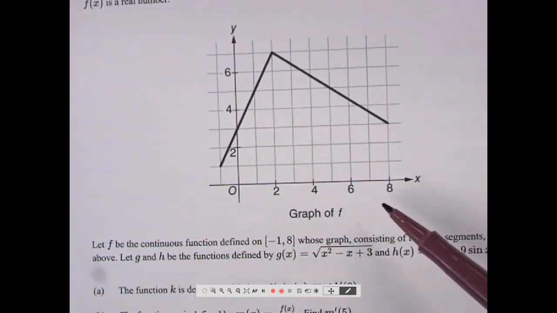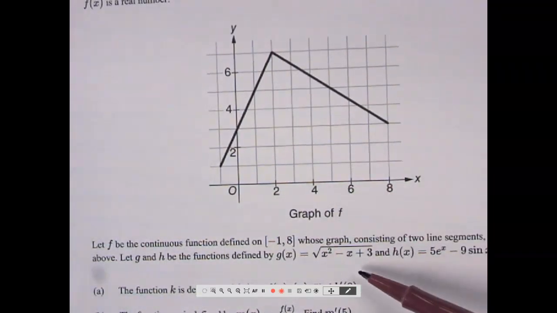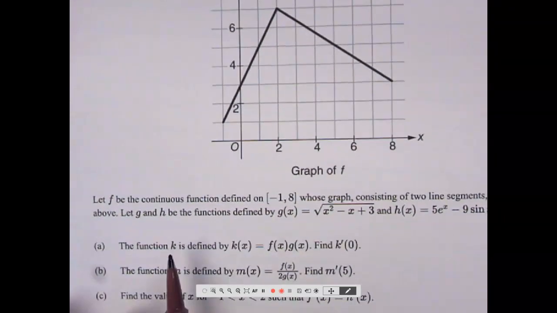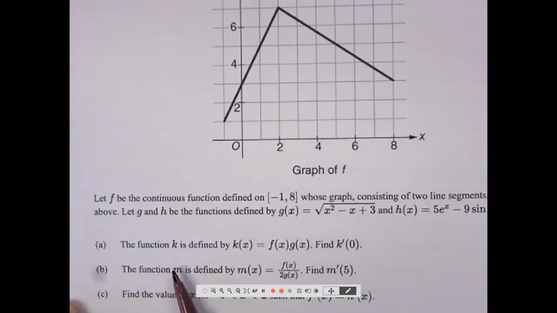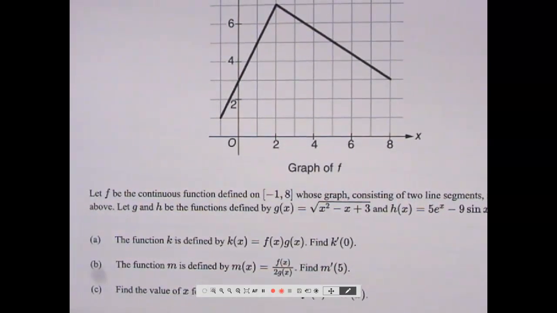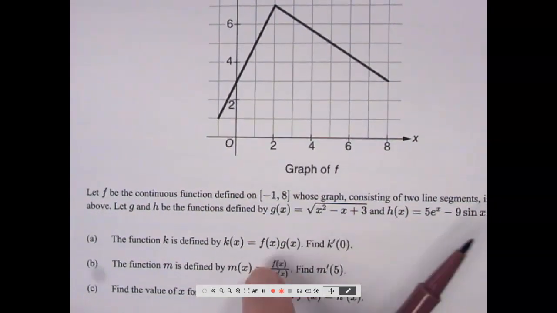So far we have a function f that's only given in graph form. We have a function g and a function h that's given explicitly. Now, the function k is defined to be f times g, and we want to find k prime of 0. K is that product.